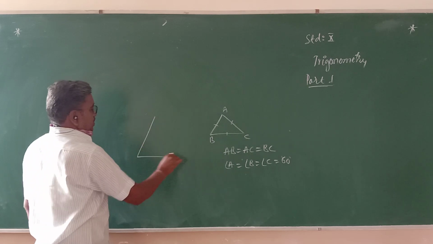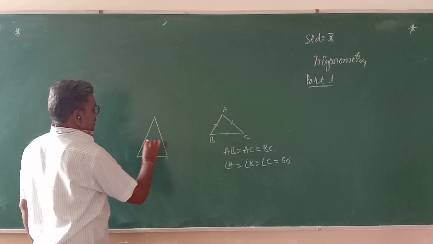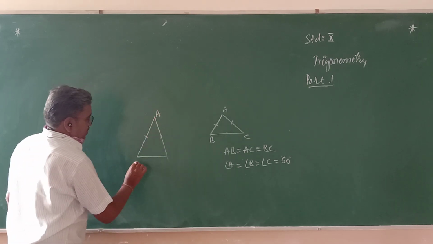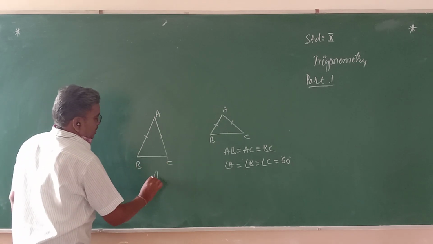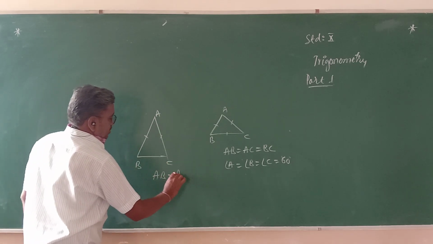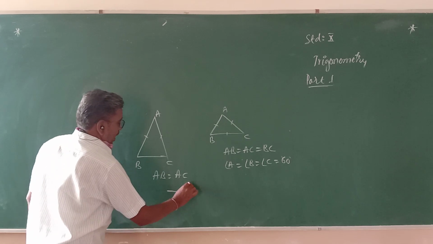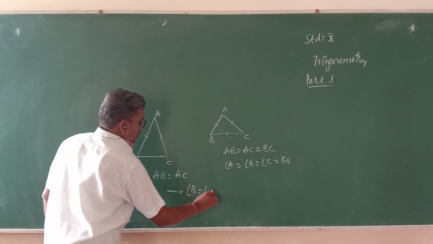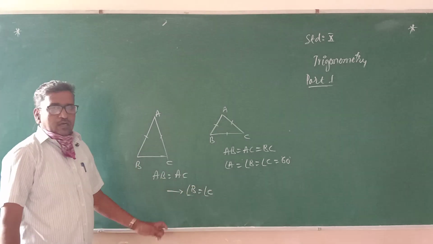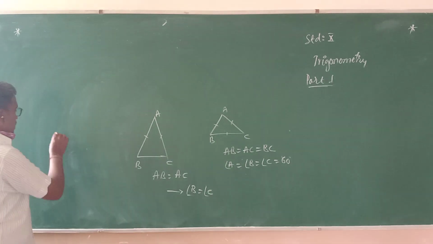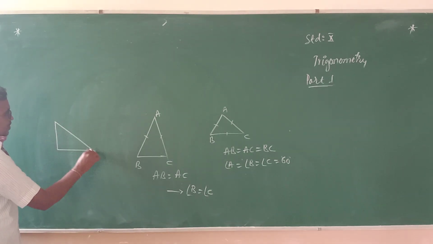And about isosceles triangle, ABC is the triangle where AB is equal to AC, then angle B is equal to angle C. Yes.